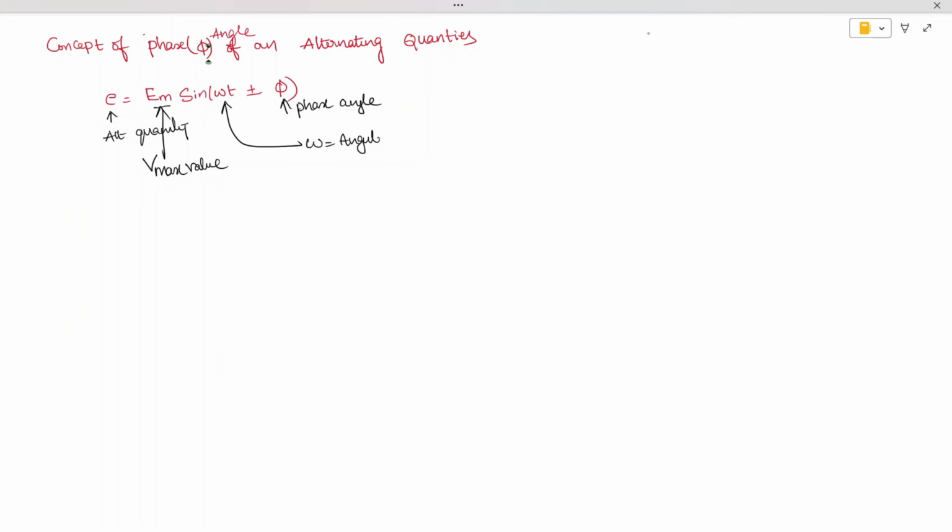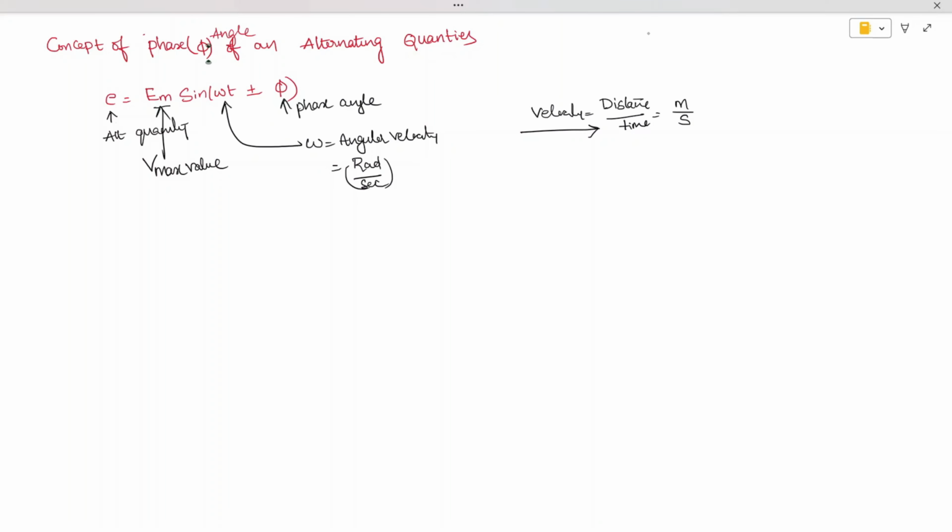Okay, so angular velocity. We have linear velocity, which means distance traveled by time taken, so distance means we can write meters per second. But angular velocity is written as radian per second.